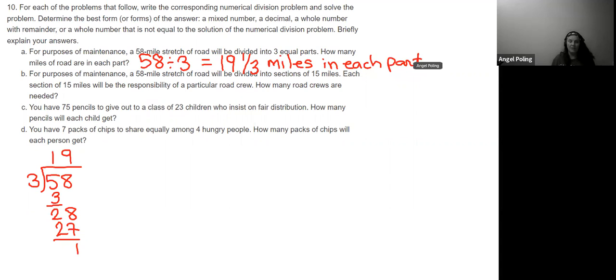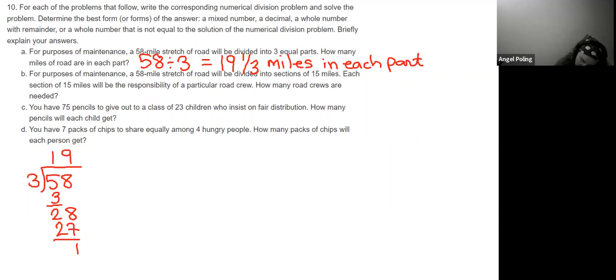That is a how many in one group perspective. And we don't want to leave out any of the road.